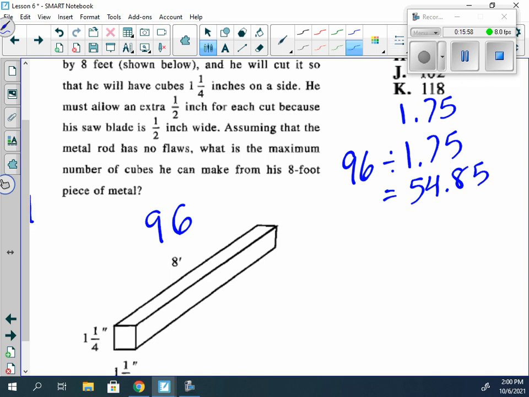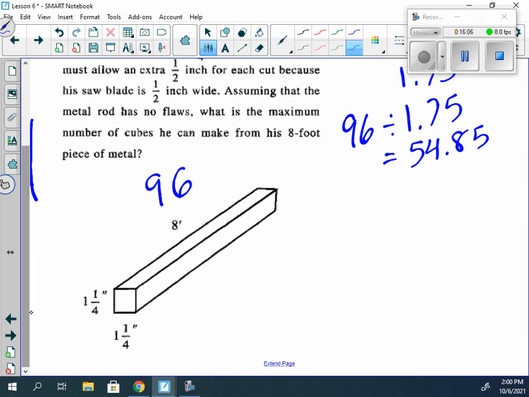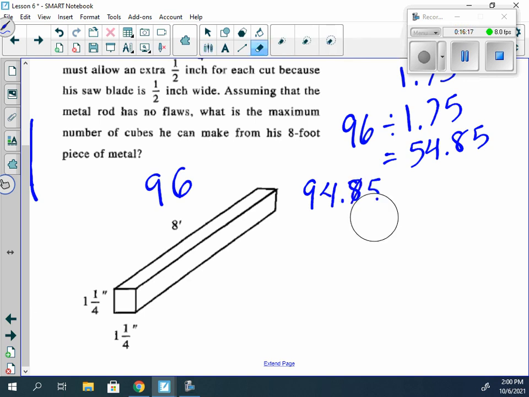Well, that is pretty close to G, yes? Now that is the correct answer. Now if we did it the way that we're technically supposed to mathematically, we would subtract the last piece, the 1 1/4, which would give us 94.75.